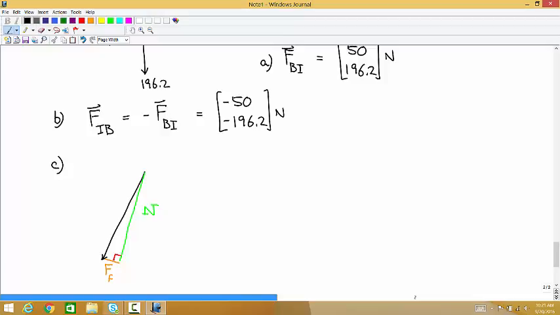So the way to do that, if this is the vector force on the block by the incline, yeah, this is F_BI.